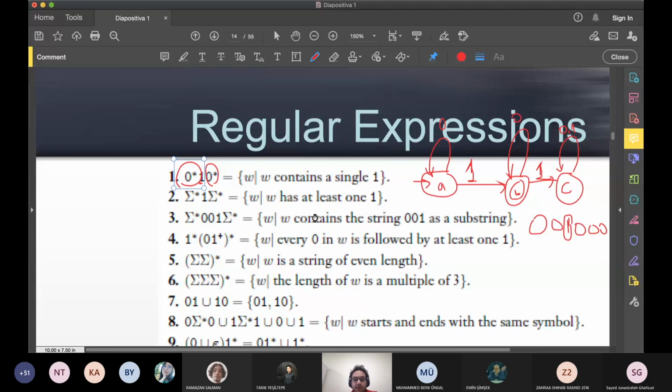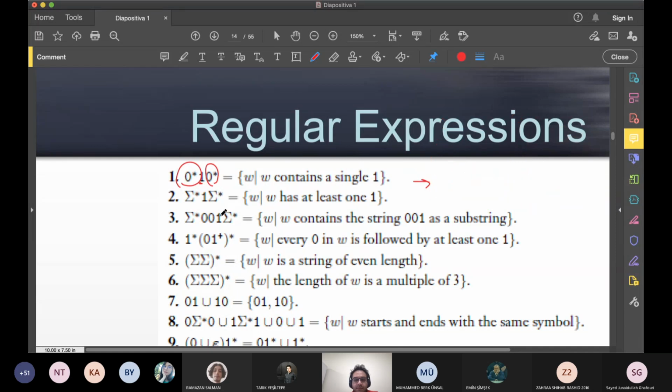Okay, guys, let's get to the second example. So this sigma operator means all the letters in our alphabet. Okay, guys. So this says our language accepts strings that have at least one 1, right?